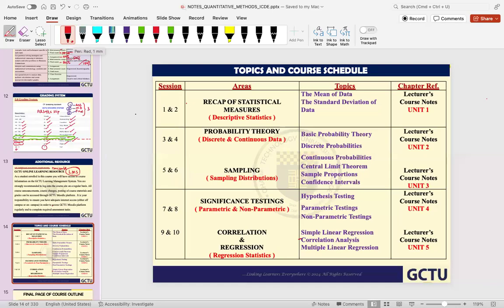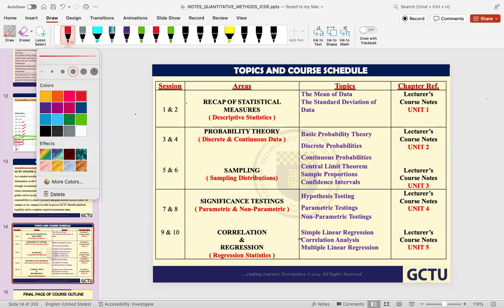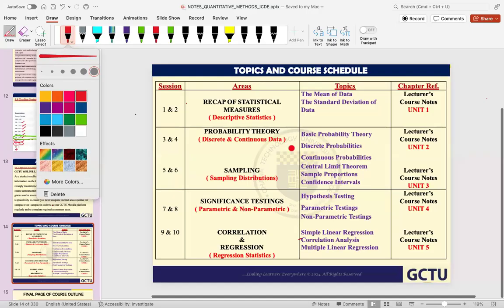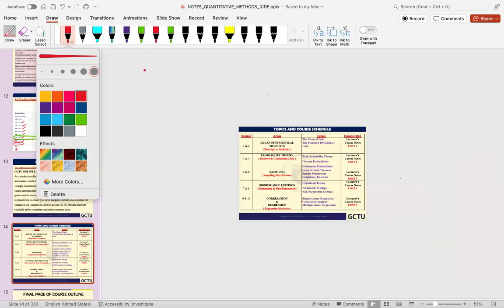So it is presumed that you have knowledge about the things here already when you were doing your diploma or HND or whatever qualification you had, or you are moving through from level 200 to level 300.